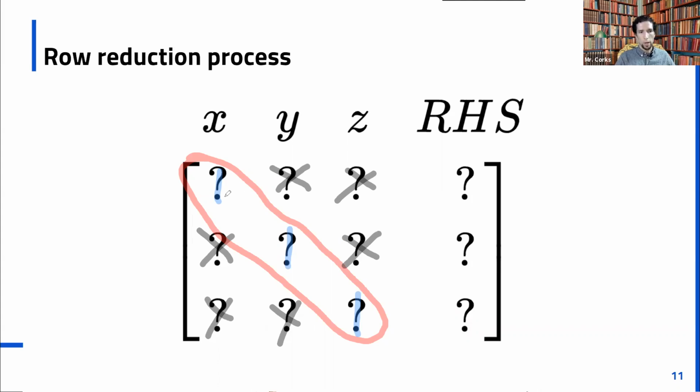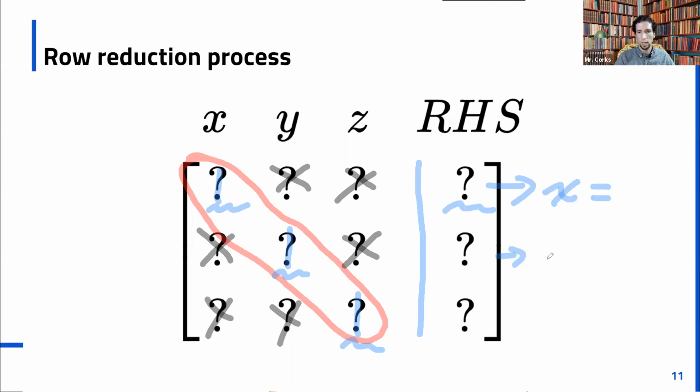If we've done that, then either automatically or very easily, we can turn all of these values on the main diagonal into 1s. And once we've done that, then we get our answers here. So if the y and the z are eliminated, then the first line is telling me 1 times x, so just x, and we have our right-hand side, equals this number. And then this number will be the answer for x.